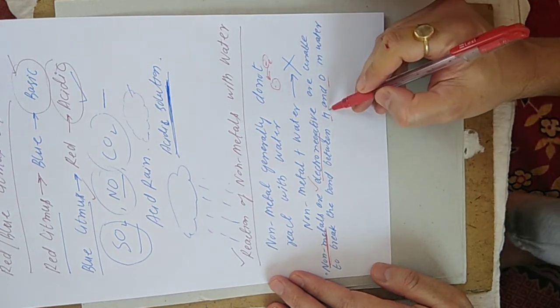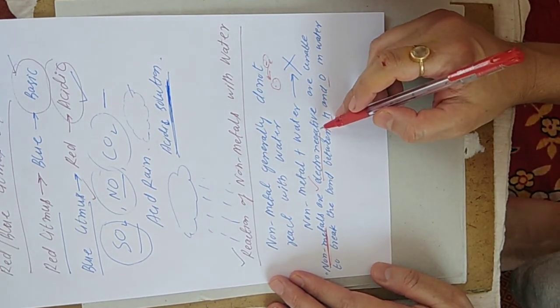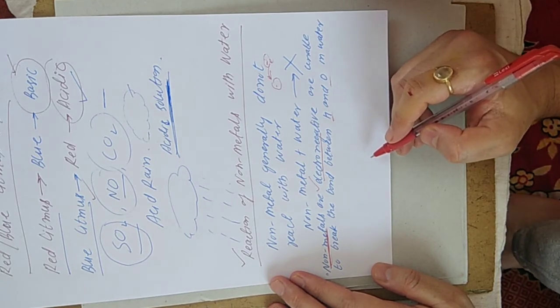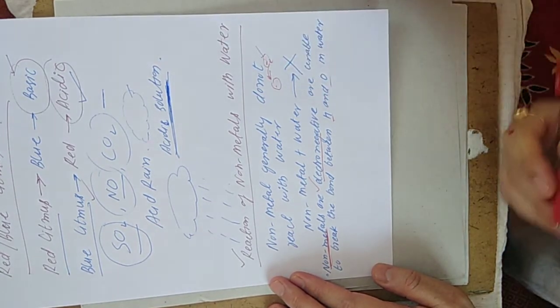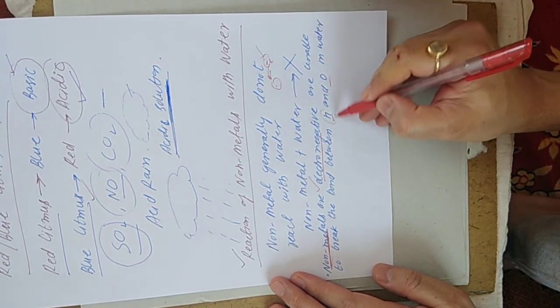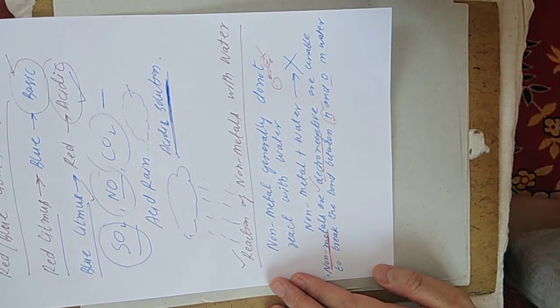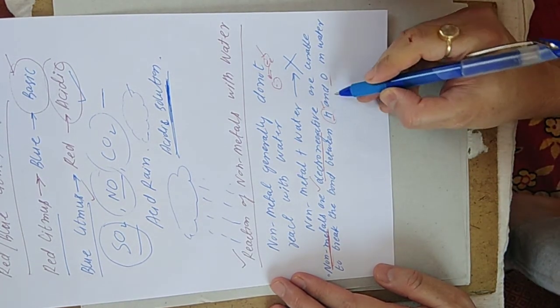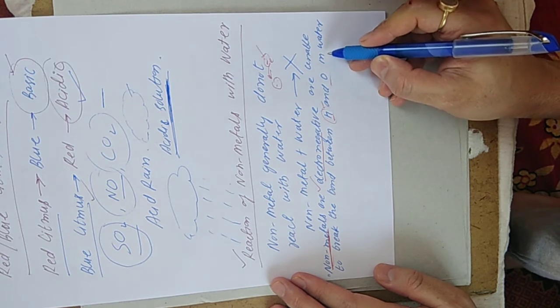Because to break the bond, they have to donate electrons, while they themselves are acceptors of electrons, so they won't be able to do that. So that is the reason they are not able to break the bond between hydrogen and oxygen in water.